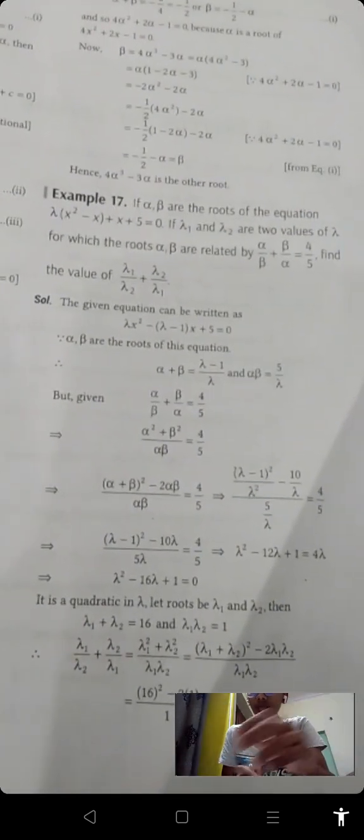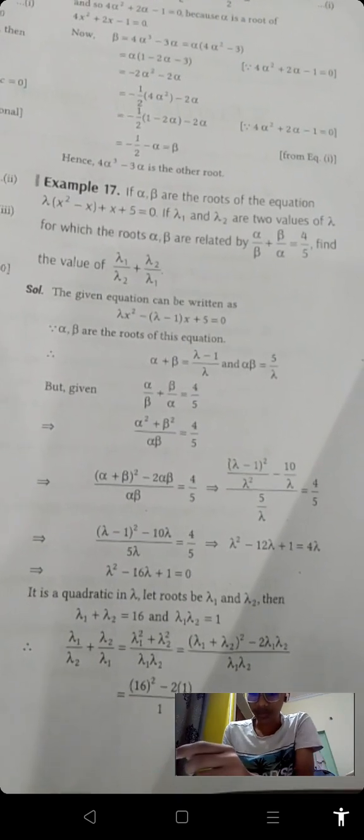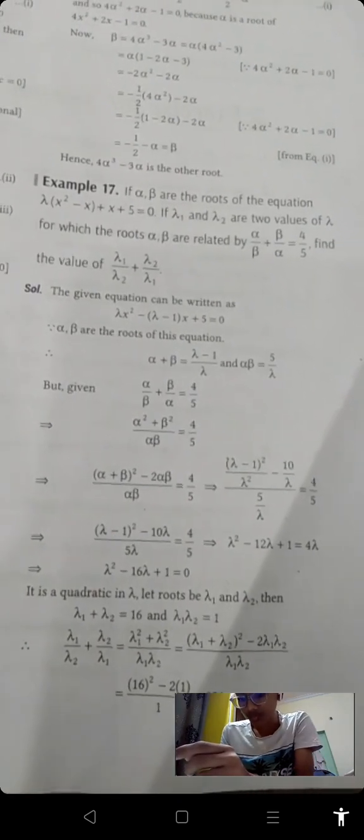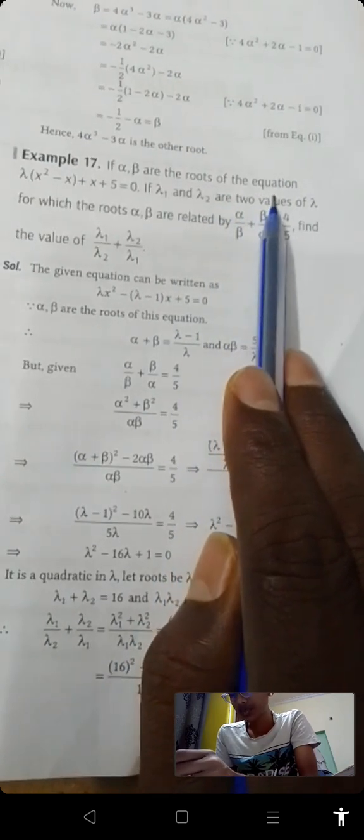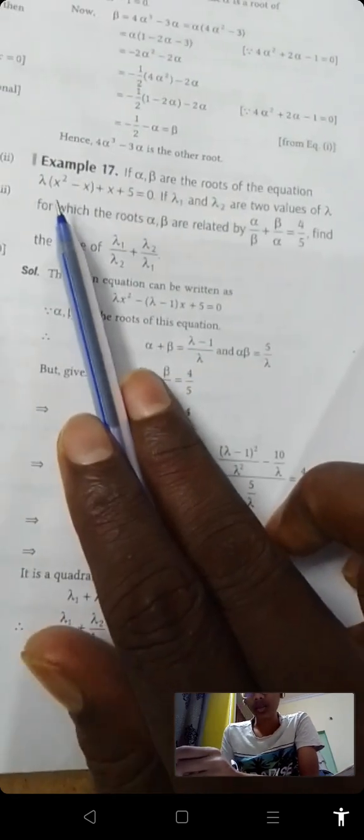And one more problem. See the 17th problem. Alpha, beta are the roots of this equation: lambda of x square minus x plus x plus 5.